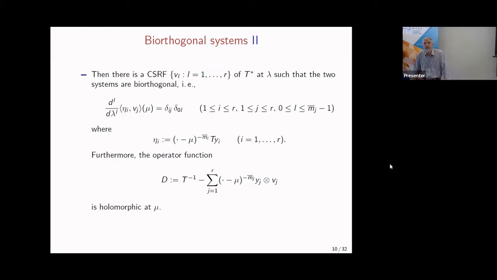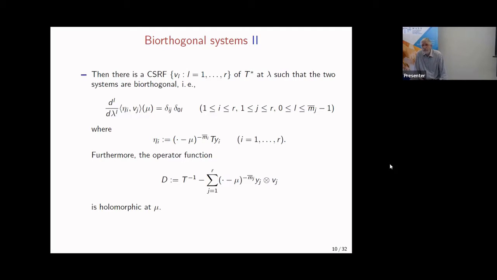It's just written down here in terms of root functions because it's much easier. In terms of eigenvectors and associated vectors, we actually have three parameters, i, j, and l, and then we would get five parameters.